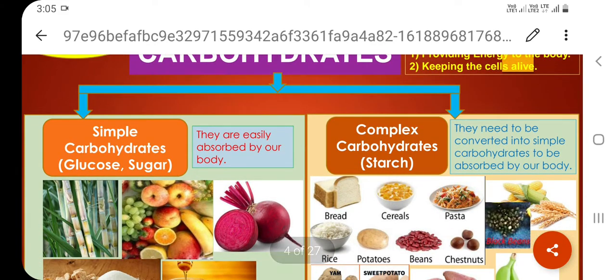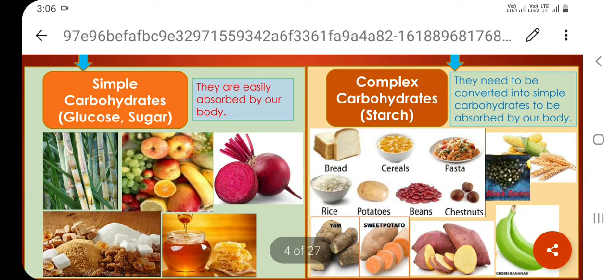There are two types of carbohydrates. Simple carbohydrates, the glucose or sugar, are easily absorbed by our body. Complex carbohydrates, starch, need to be converted into simple carbohydrates to be absorbed by our body. Examples of simple carbohydrates are table sugar and sugar cane.